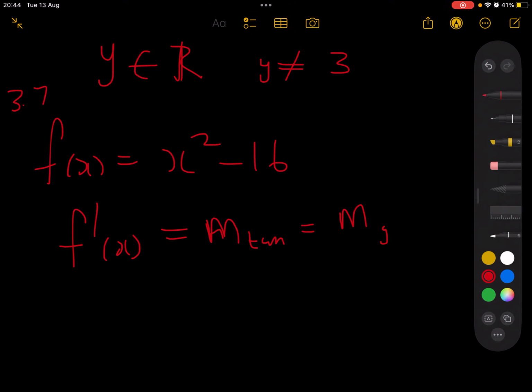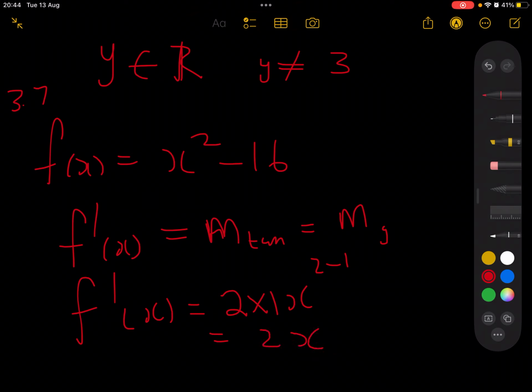But then let us check what is our value of f prime of x. F prime of x is 2 times 1 x to the power of 2 minus 1, which gives us 2x.